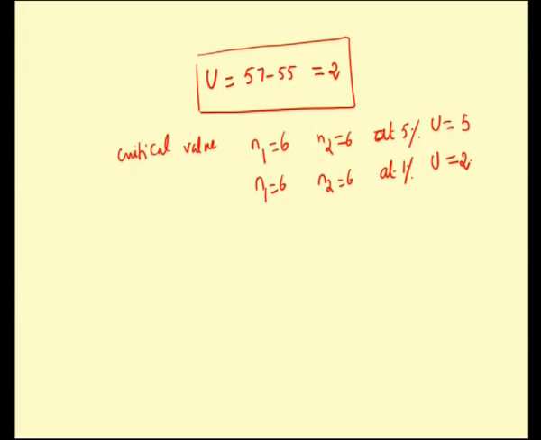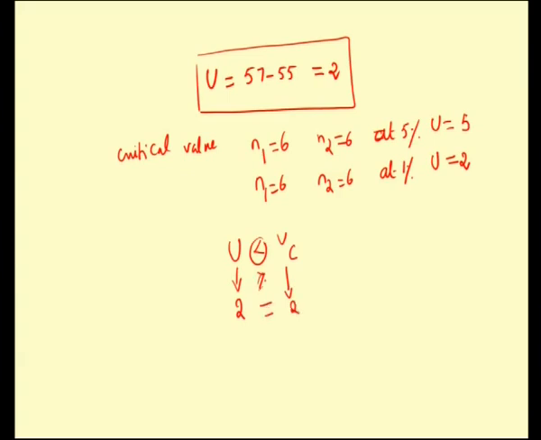Now, I have to compare my result. How do we compare? We compare the U statistic value with the U critical value. So, whether it is greater or lesser, we have to compare. Now, when you compare, you find that the calculated value is 2 and the critical value is also 2.